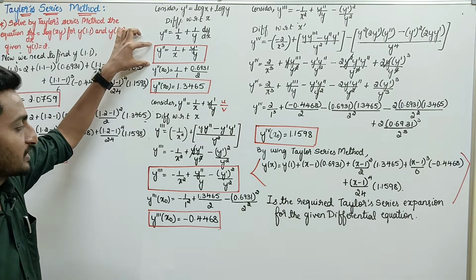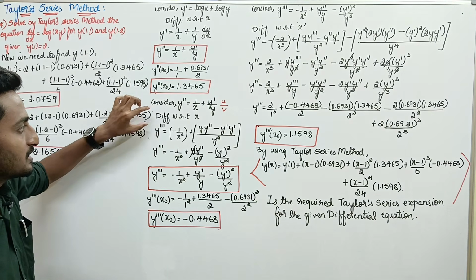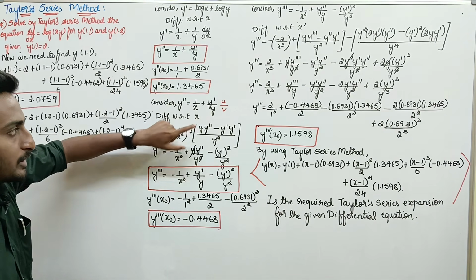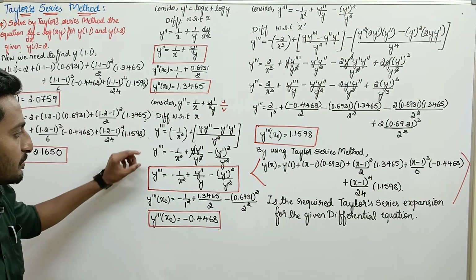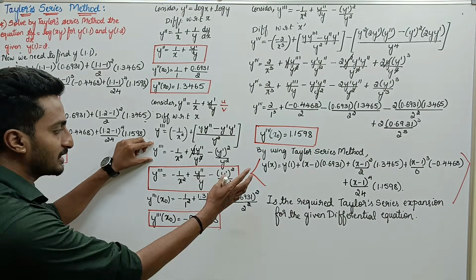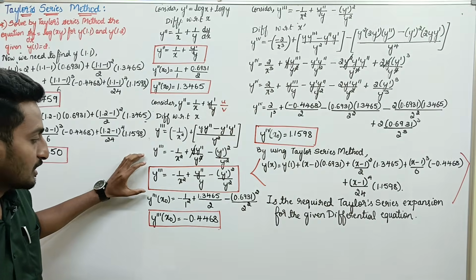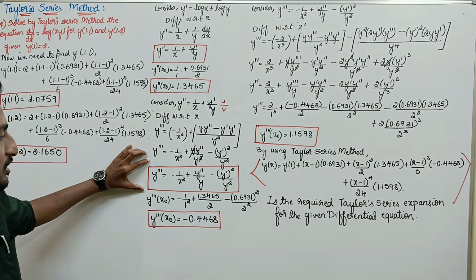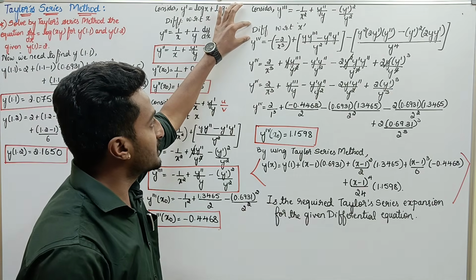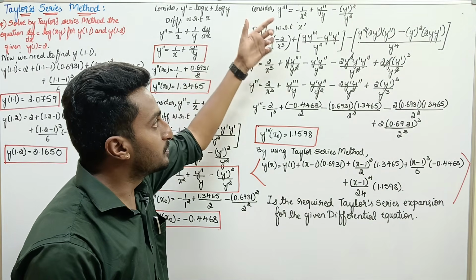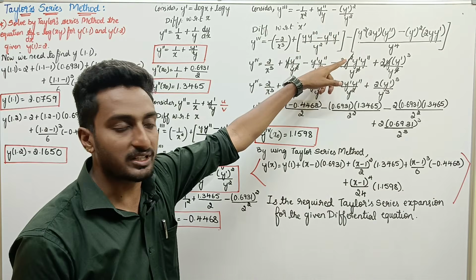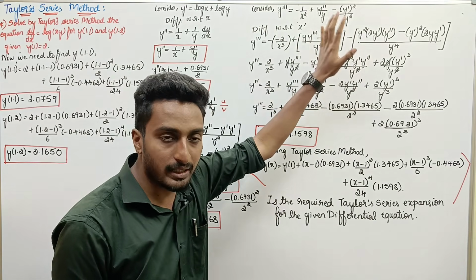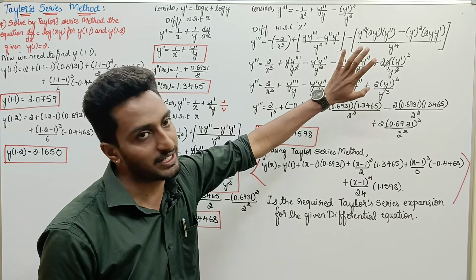Consider y double dash, represent y triple dash. Applying the u by v rule, the quotient rule, we have represented y triple dash. Split the terms, it will be easy to analyze. Substitute the values, you get y triple dash of x naught. Considering y triple dash of x, differentiate with respect to x, you get the fourth derivative. Split the terms so that it will be easy to differentiate. Use this, it will be easy to simplify in the VTU main examination.